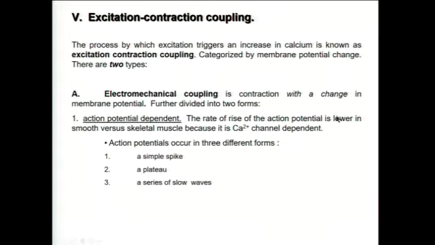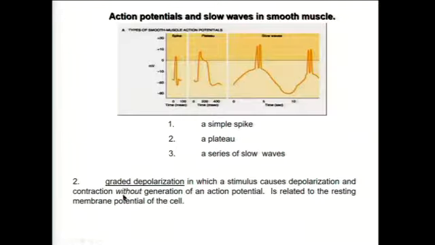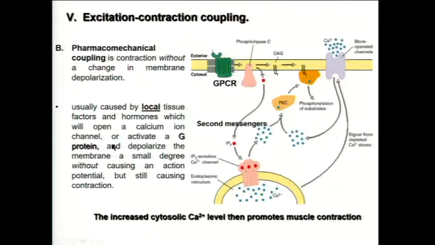So again, let's go back because I've given this lecture a few times in the past. Action potential dependent, that's really not what I want you to focus on. I want you to focus on the generation of contraction without action potential. That's what's really unique to a smooth muscle cell. And it's really like signal transduction.